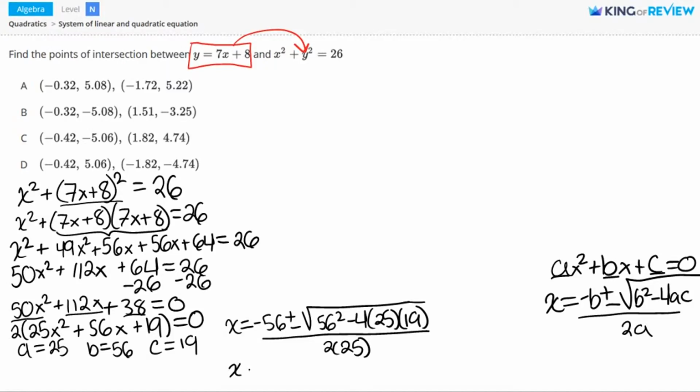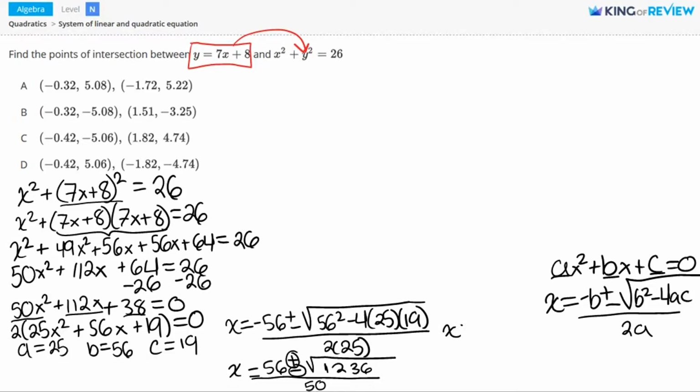When you simplify, you get negative 56 plus or minus the square root of 1,236, and this is all divided by 50. So you will get two values for x. One is calculated using this plus sign, and the other is calculated using the minus sign. You can use your calculator to enter this information in and solve for x.